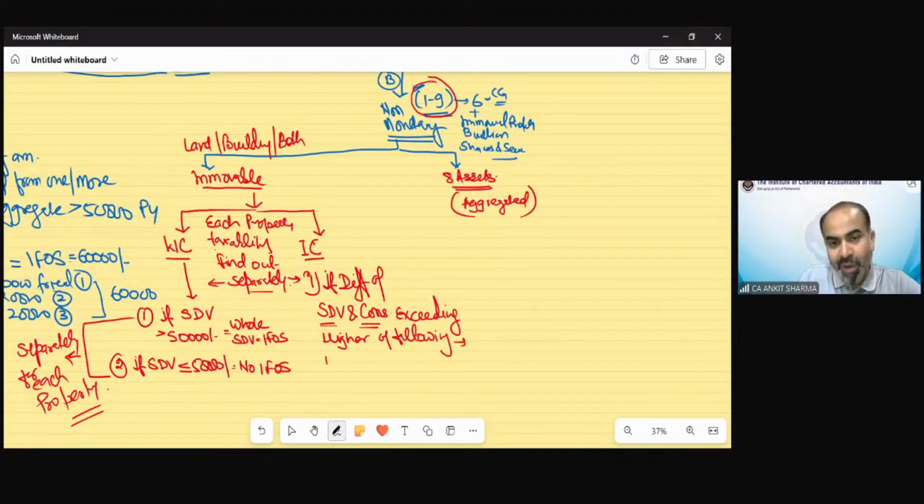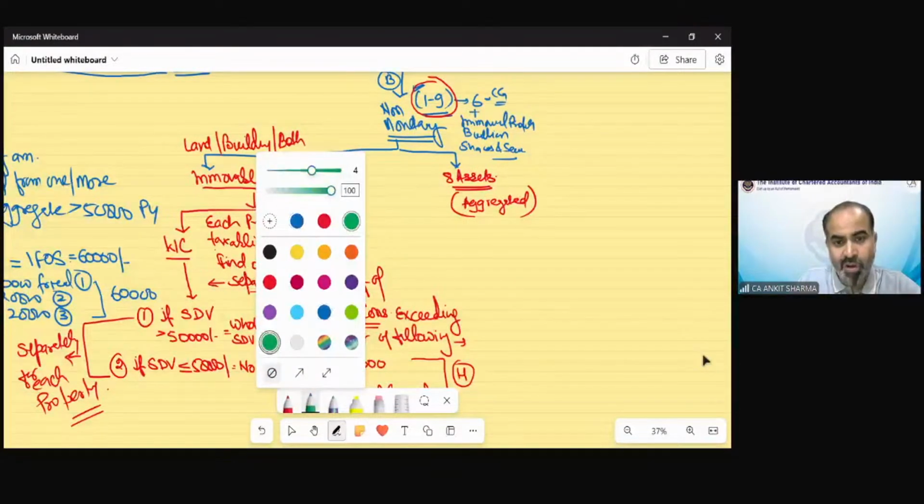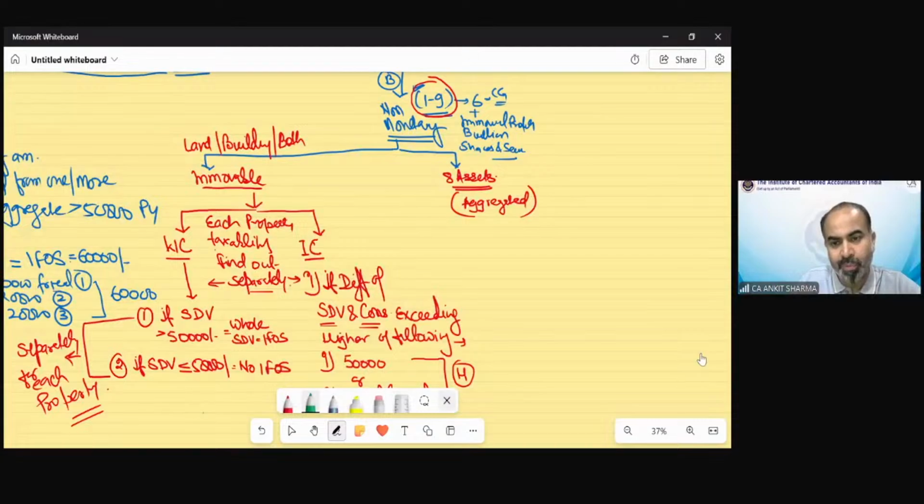What is the higher of following? The provision says 50,000, this is a fixed value, or 10% of consideration. So we have to find out the higher of these two values. The main thing is the difference. Remember, we have to compare this higher value with the difference.